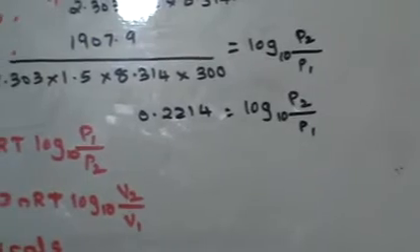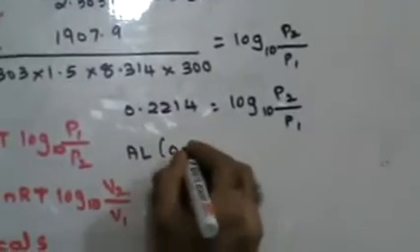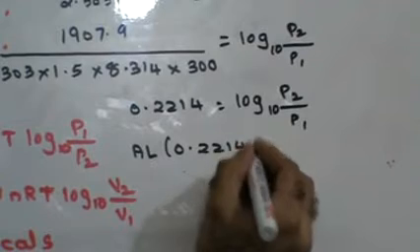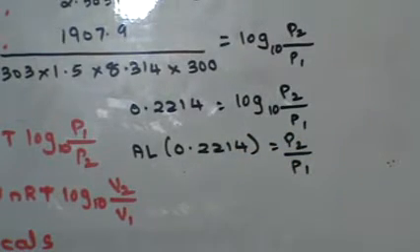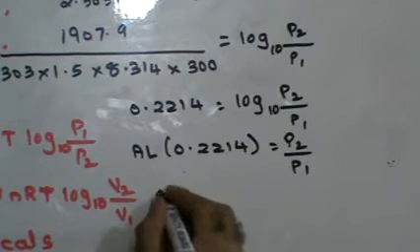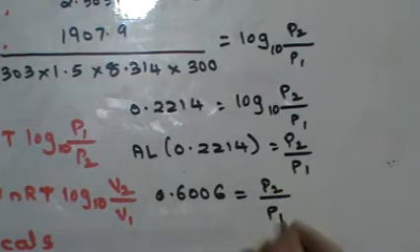Take log on the other side. If I take log on the other side, it becomes anti-log. So anti-log of 0.2214 is P2 upon P1. If I take anti-log of this, I'll get 0.6006. 0.6006 is P2 upon P1. They've given me the value of P2 and asked me to find the value of P1.